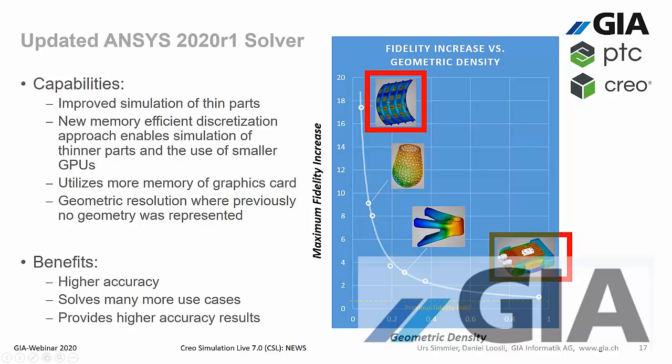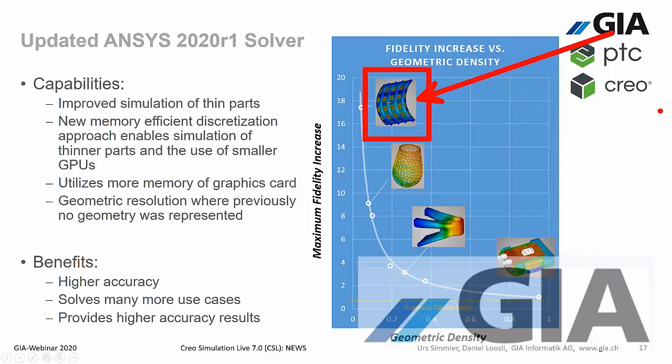With a very thick part, they could analyze very good results. But as soon as the part was thin, like a sheet metal part, you needed a very good graphic card to fill this part, because the bounding box was filled with voxels, and therefore it was not that easy to analyze thin parts.